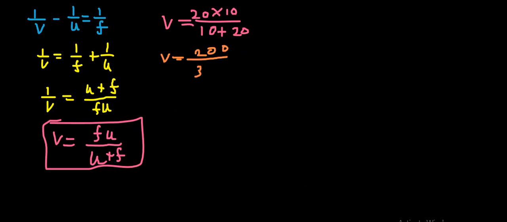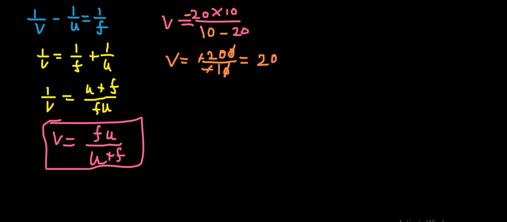The focal length is negative, so f is minus 20 and u is 10. So v is equal to minus 200 by minus 10, the zeros get cancelled, the minus signs get cancelled, and finally the value is 20.